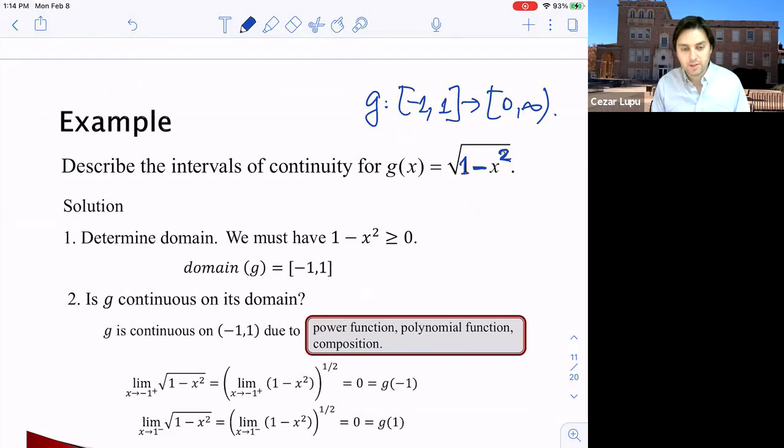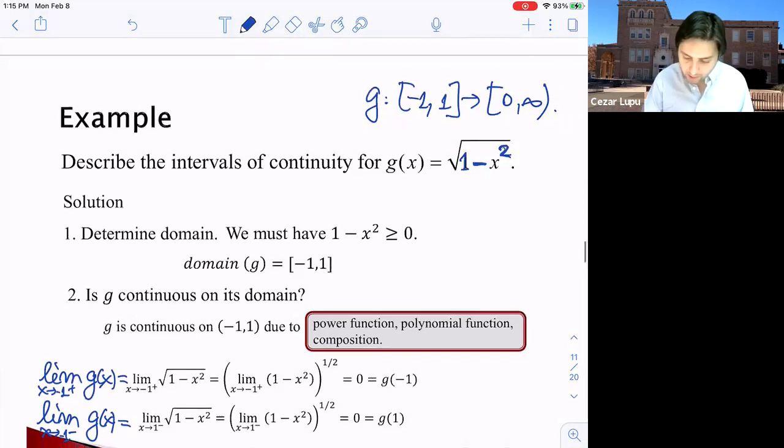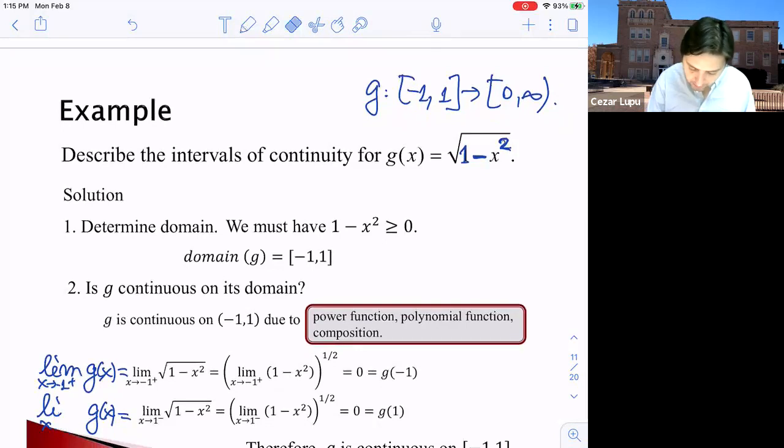Well, if these two agree, as you can see, right? Let me just write it here. The limit as x approaches 1 from the left of g(x), and the first one is at negative 1, approached from the right. Sorry, just a second.